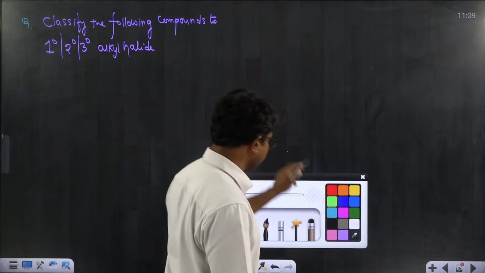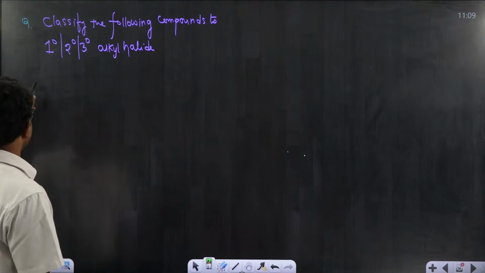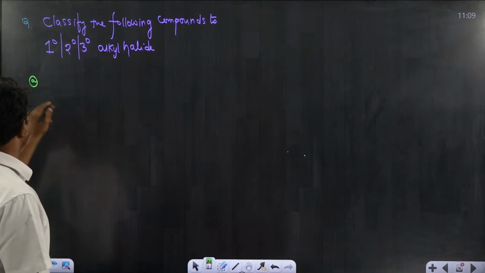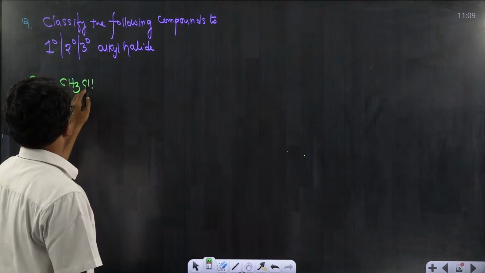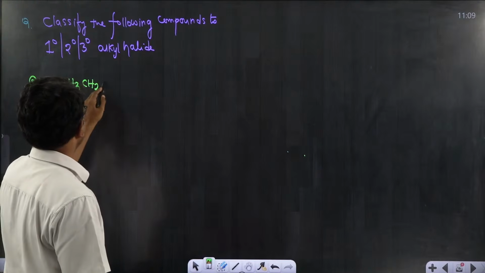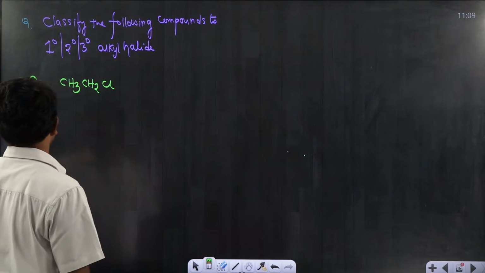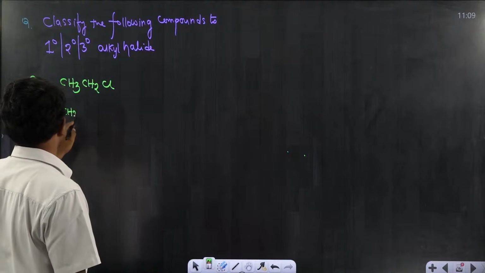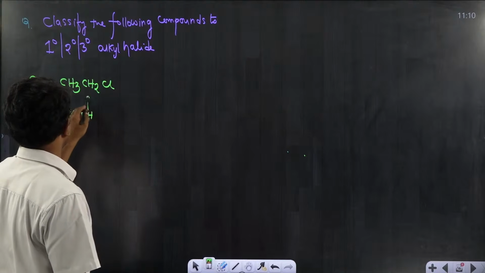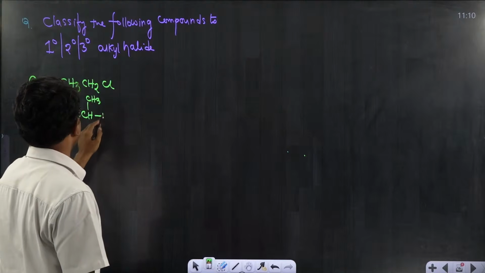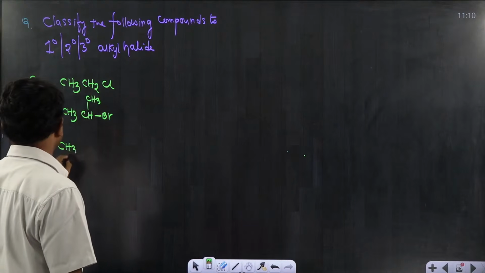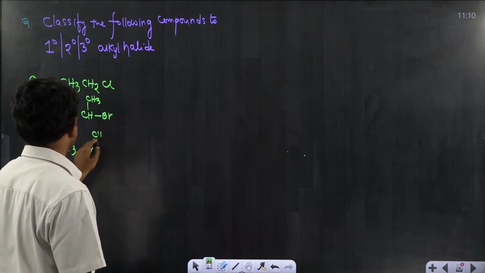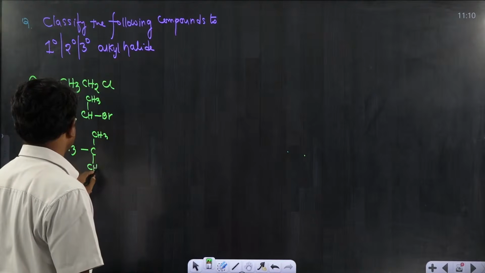Now I am presenting the examples. Try to classify these compounds into primary, secondary and tertiary. CH3CH2Cl. I am giving very simple examples. CH3CHBrCH3, and CH3C(CH3)(CH3)I.